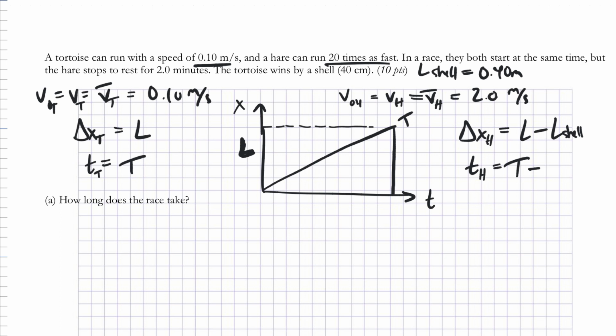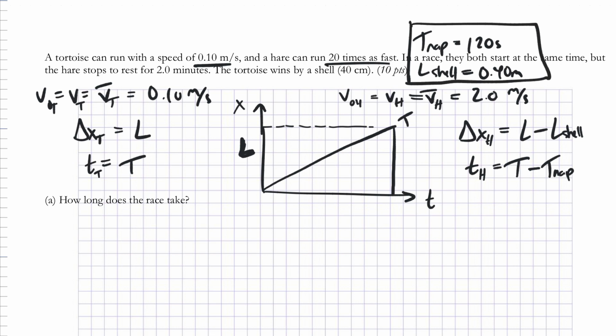Let's call that T nap, where T nap is 120 seconds. What were the sig figs on that? 2.0, so it should be just 120 seconds. Basically these are the little extra bits that we have for plugging in.